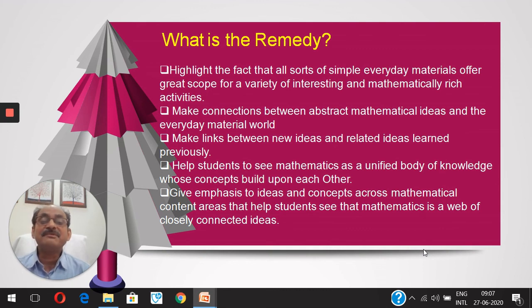Help students to see mathematics as a unified body of knowledge whose concepts build upon each other. Give emphasis to ideas and concepts across mathematical content areas that help students see mathematics as a web of closely connected ideas. So these are some remedies about mathematics.